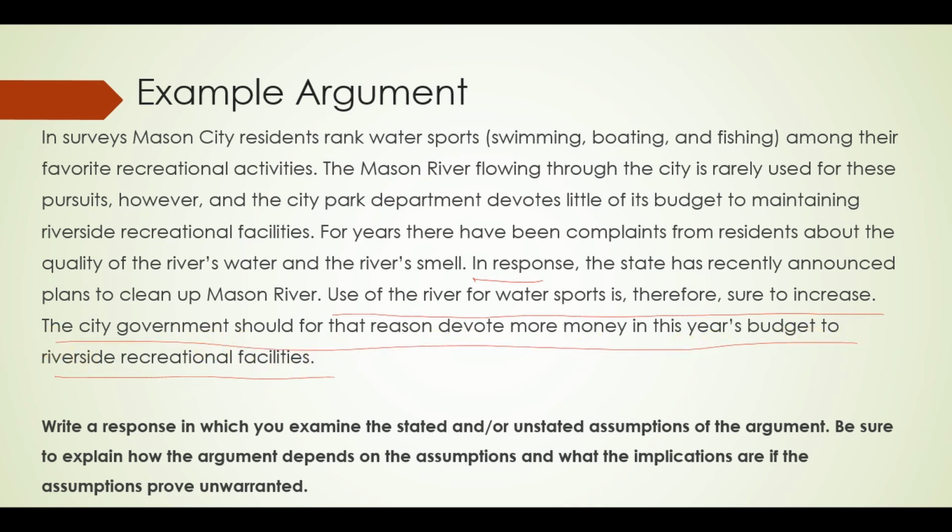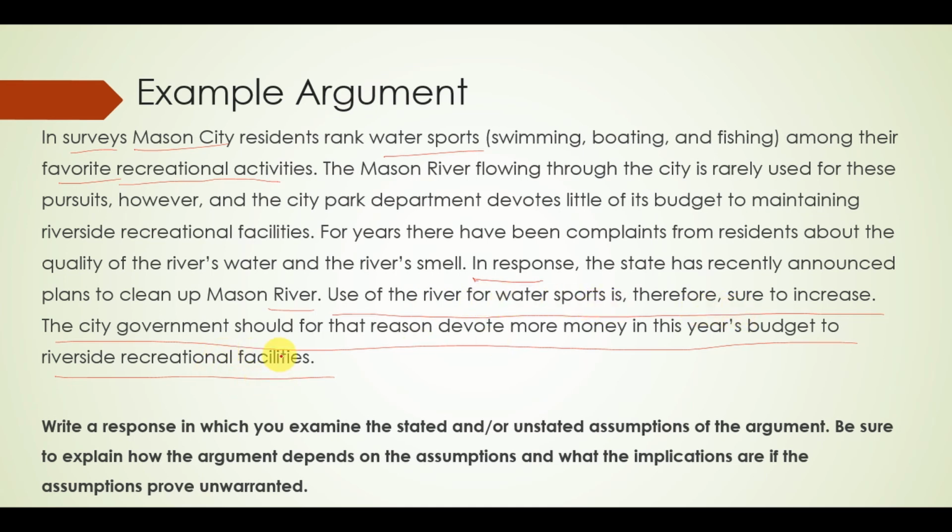Alright, so this argument proposes that Mason City residents in a survey suggested that water sports are among their favorite recreational activities, and the river flowing through the city is not clean and its use is rare, and there were some complaints about the condition of the river, and in response the state is basically going to clean the river, and now they have assumed that with a clean river its use is going to increase.